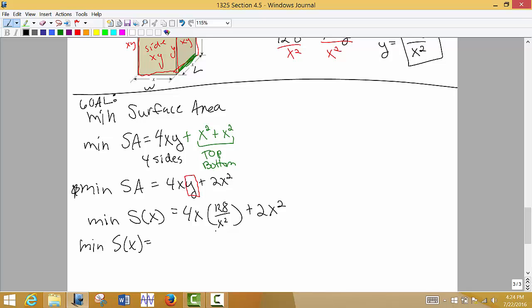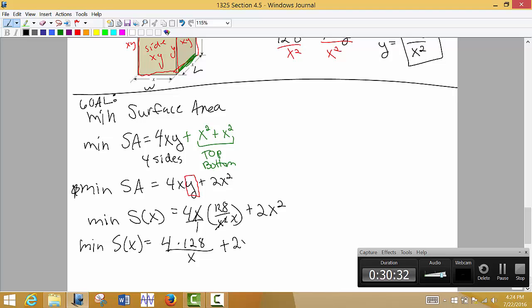Let's simplify a little bit. This is like 4x divided by 1, 128 divided by x squared. So we end up getting something a little bit nicer. We get 4 times 128 over x, because this x will cancel with this x, leaving us with 1x at the bottom. And then plus our 2x squared.